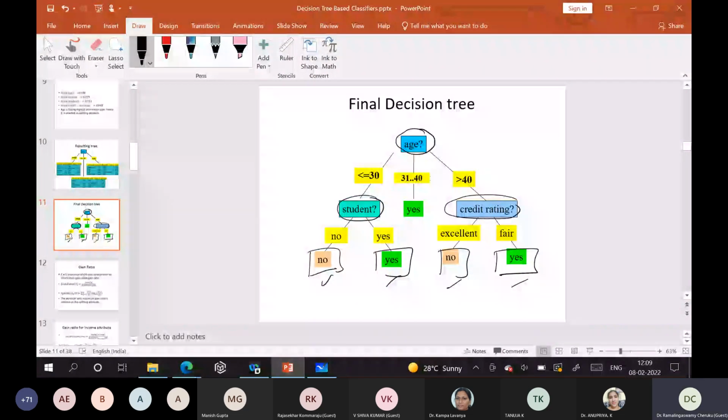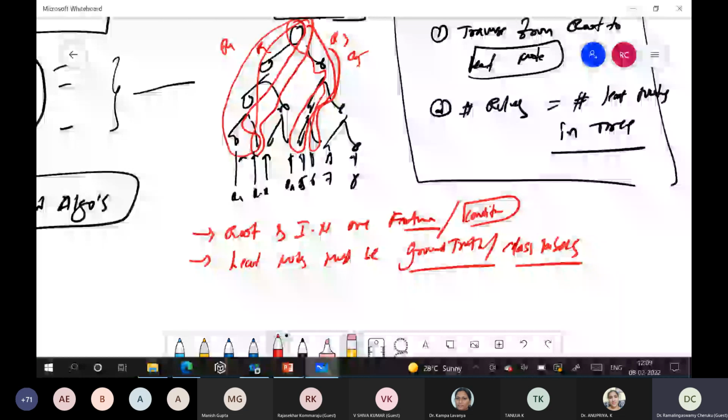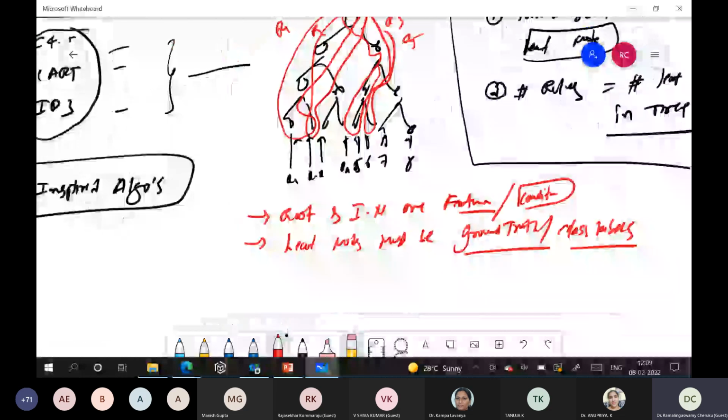The leaves are the class labels, and the internal nodes, including the root, are features. Of course, it's not a simple feature. There is some condition, so we will create some condition on top of this feature, but the idea is the internal nodes should contain only features. You may have the condition on a feature.